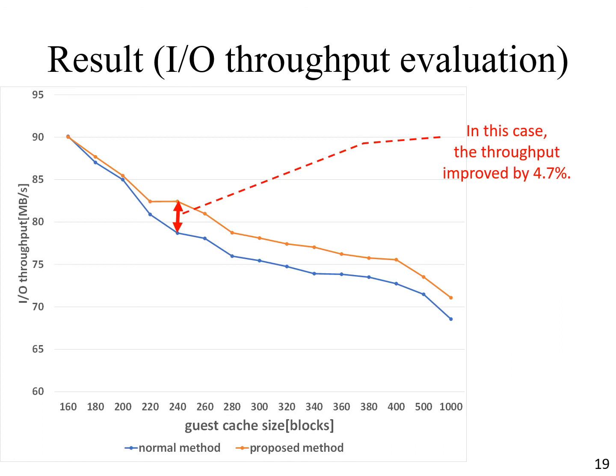That is, from 160 to 1000. In the case of 240 blocks, the throughput improved by 4.7%.